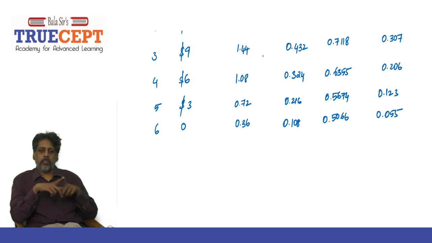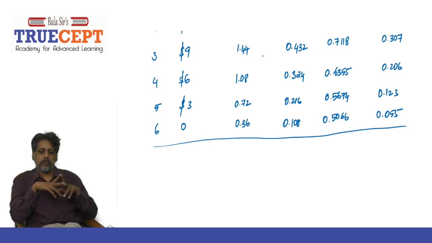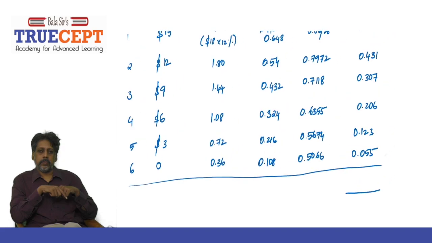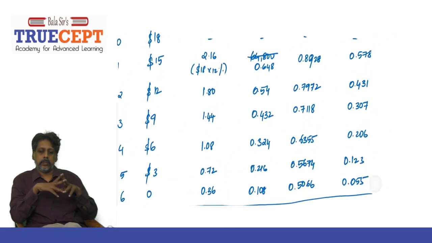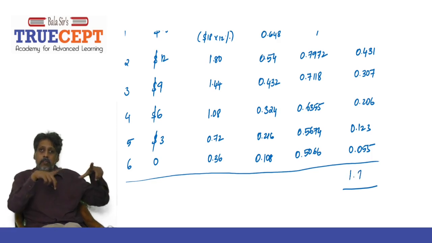And you're supposed to total the last column. How much you get? The total of the last column, only the present value of the positive side effect.